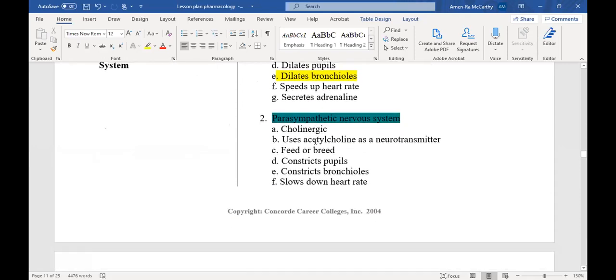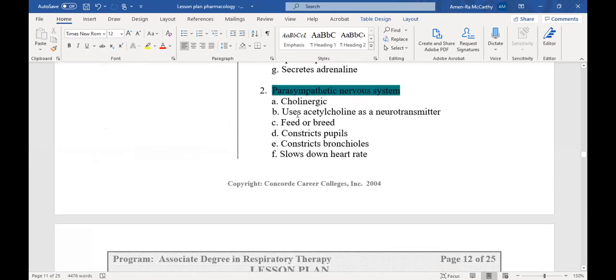All right, second part of the nervous system is the parasympathetic nervous system. Parasympathetic, so here's another list of your AKAs you need to be writing. Parasympathetic, AKA cholinergic.